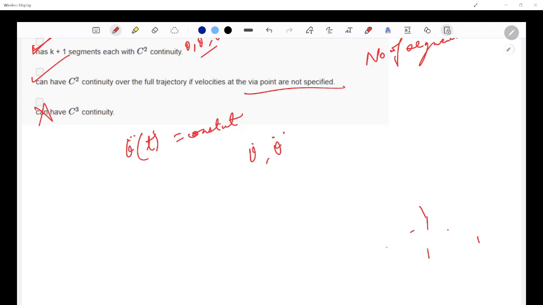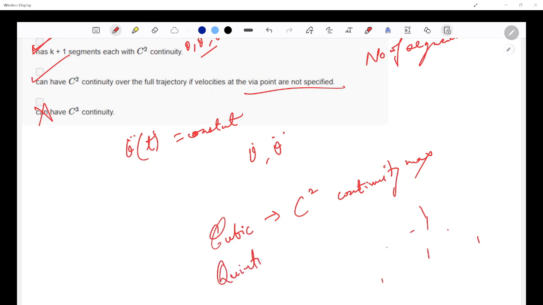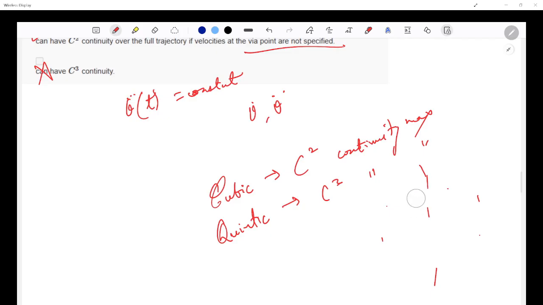So just for you to remember, I'm telling this to you: cubic has C2 continuity max. And quintic polynomial, which is the fifth order, has C3 continuity max. Okay. Not any more than this.